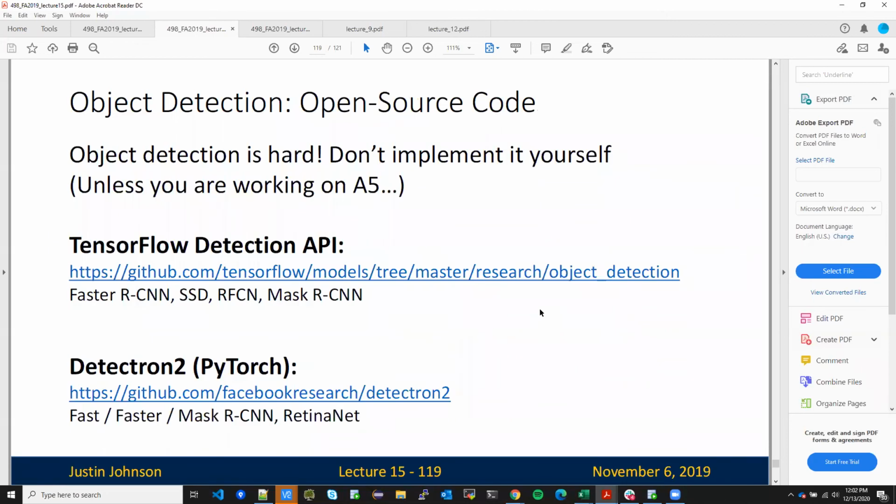Mostly the big packages, like TensorFlow has a TensorFlow Detection API, and PyTorch has Detectron2, which will give you an implementation of common object detection methods.